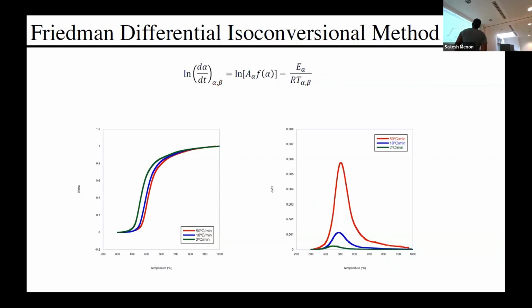The Friedman differential isoconversional method is essentially a linearized form of the third equation, which allows me to calculate the activation energy. I take the natural log of d alpha dt, graph it against inverse temperature, and get the slope, which gives me my activation energies, which I do at different degrees of conversion.